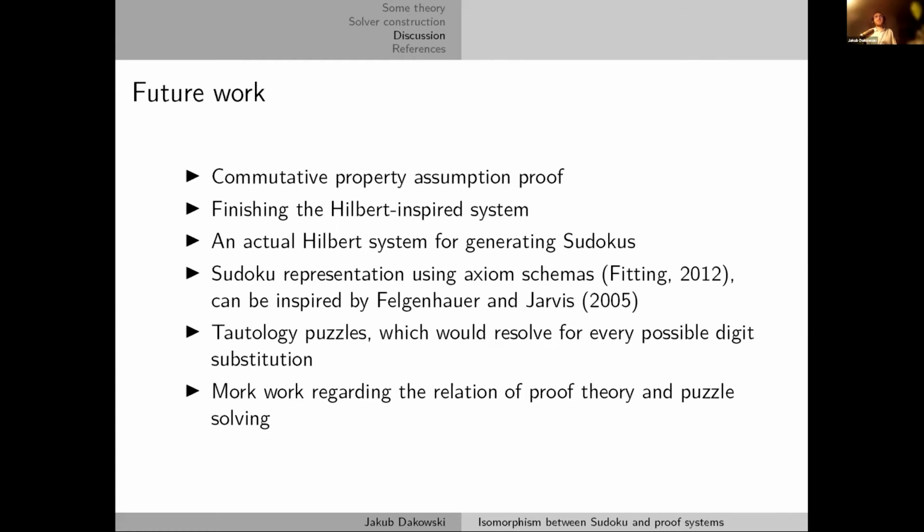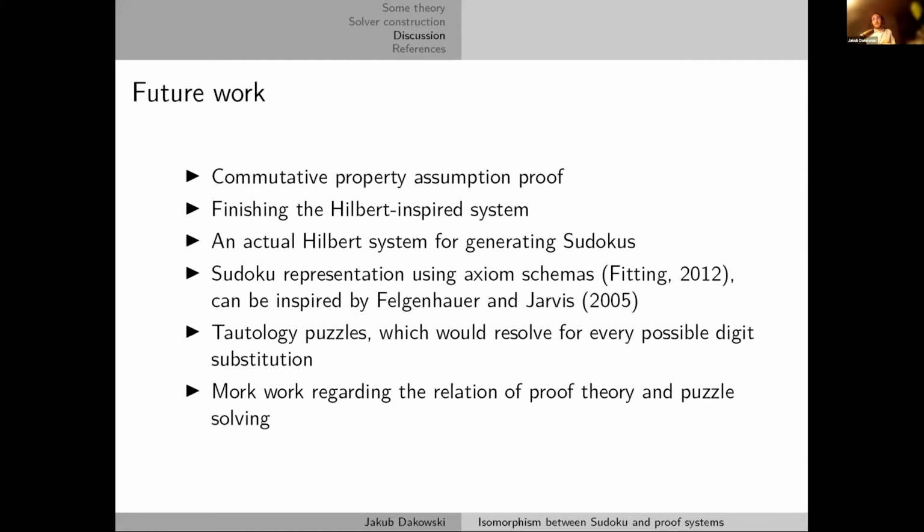An actual Hilbert system that starts with all of the solutions, so something that's solvable by definition and allows us to create new Sudokus, would be an interesting concept, especially if we tried doing it for the Sudokus that should have only one solution.